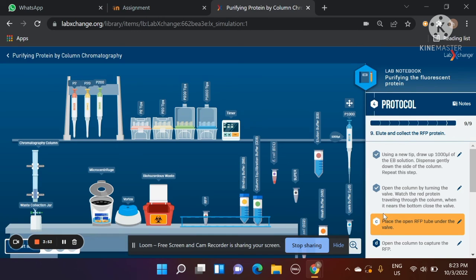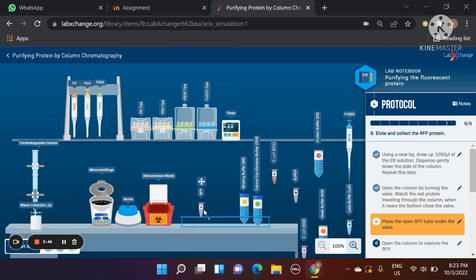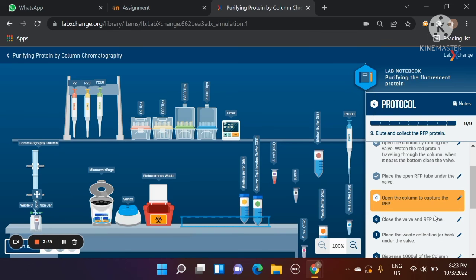Okay, done. After that, place the open RFP tube under the valve. Okay, under the valve. Then open the column to capture the RFP solution.